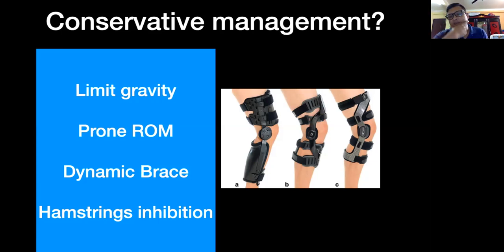Dynamic bracing, if available, is very, very good. But we have some jugaad technique with us. We keep some padding over the posterior aspect of the calf, so that the tibia is pushed forward. And hamstring inhibition must be there for about 2 to 2.5 months. So the conservative treatment must be designed and prescribed as carefully as after PCL reconstruction. Okay.